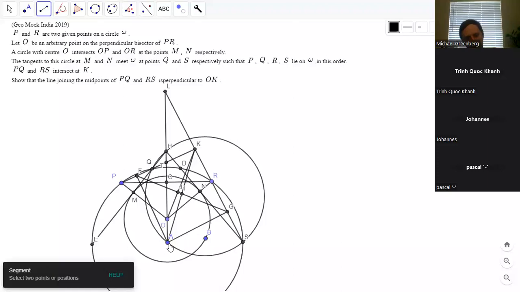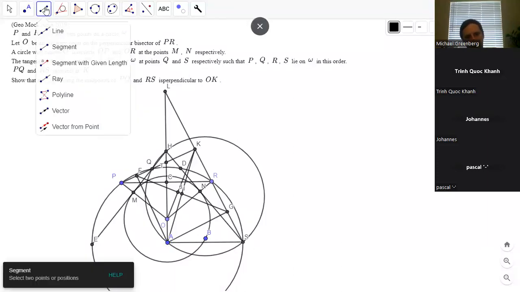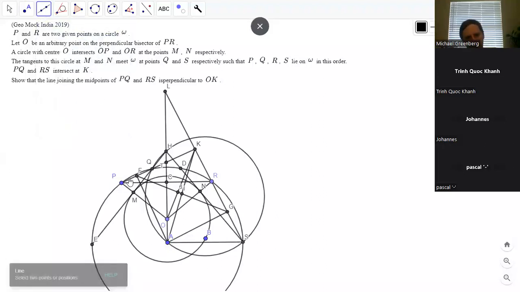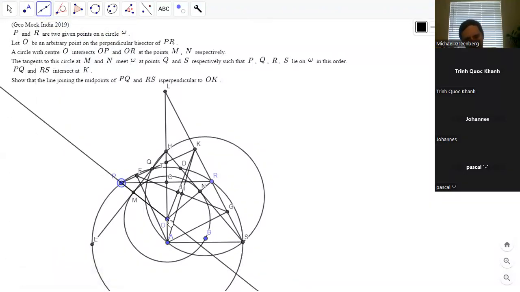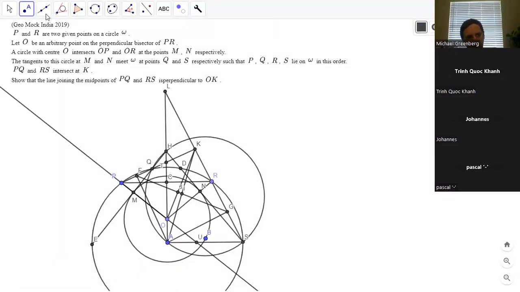Let's see. And then PA meet OS. Then I think we want to show that those would be isogonal, right?